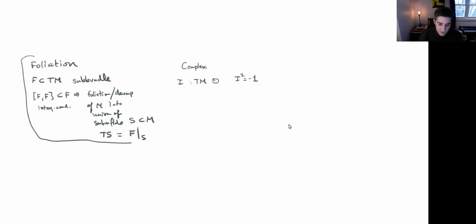One of the simplest possible geometric structures is that of a foliation. There's one on the screen here from Josh Jordan. It's the foliation of the three sphere by circles. That is a rank 1 subbundle of the tangent bundle of the three sphere, and that is automatically integrable, because if you take the Lie bracket of a one-dimensional subbundle with itself, it has to be closed. The Lie bracket is just 0.